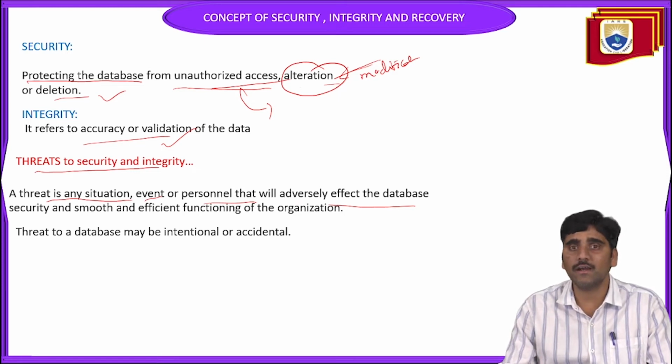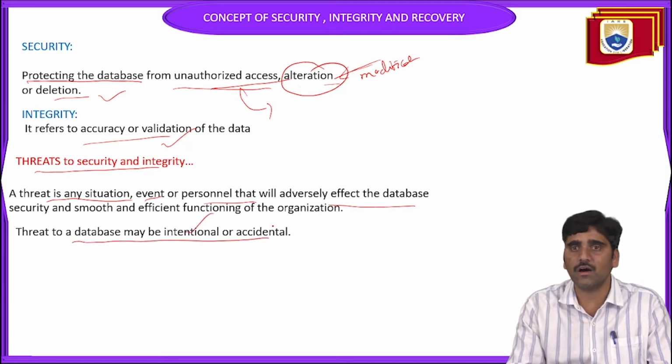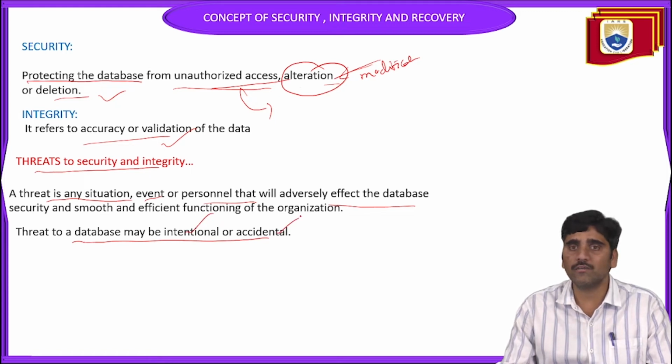So a threat is any attack or any situation or any event or any person that will adversely affect the database security. A threat to the database may be intentional or accidental. The threat will happen because of the intention of a database user or someone, or itself accidental.